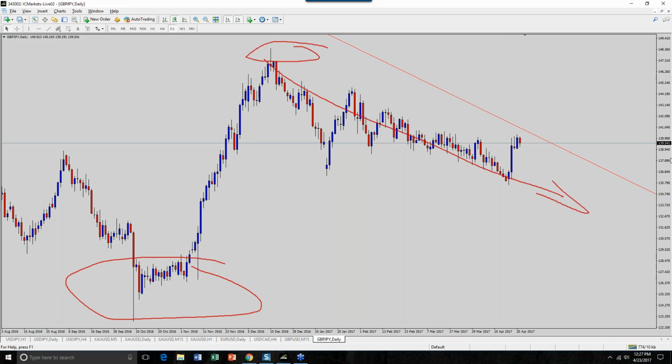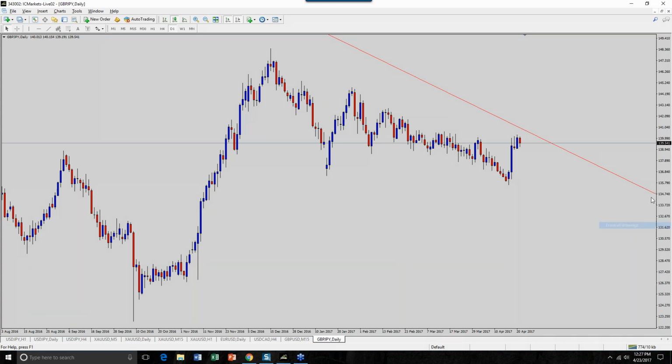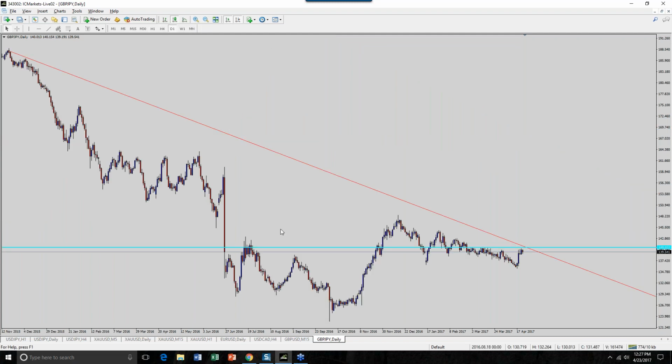So now, in terms of what I'm doing with the pound Japanese yen, I'll map out what I consider, it's even hard to do here. When you start to look at things, I think this is very, very tough to trade.